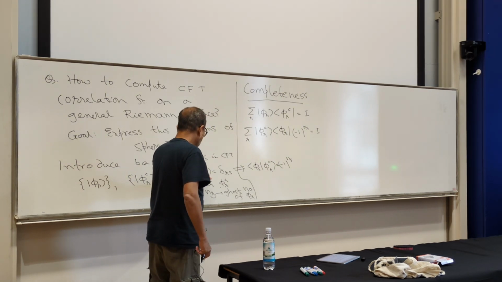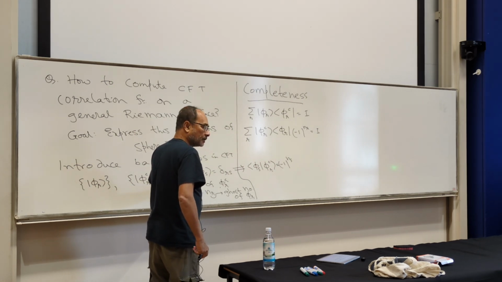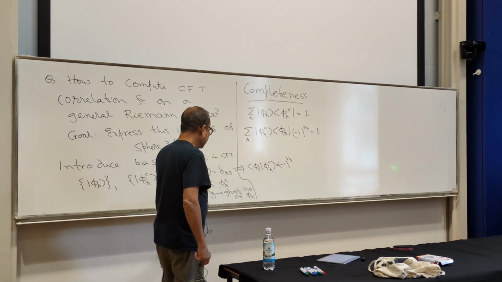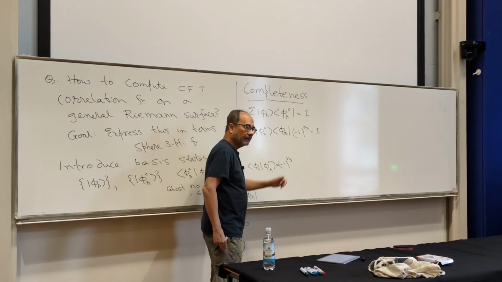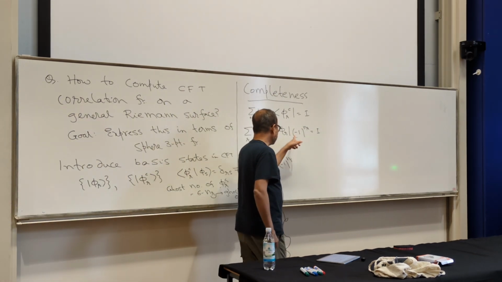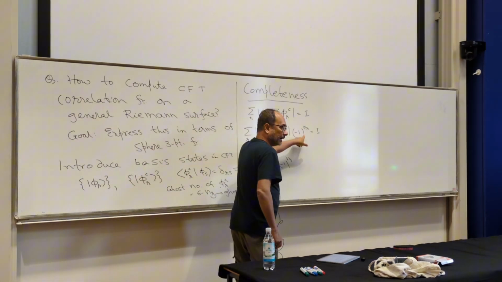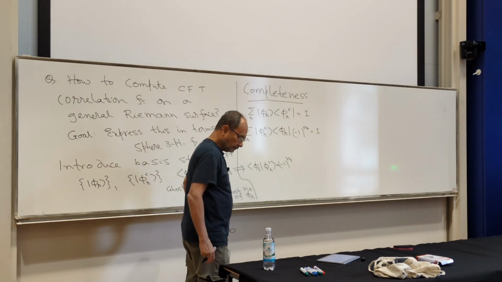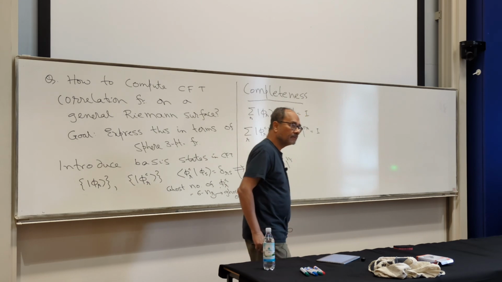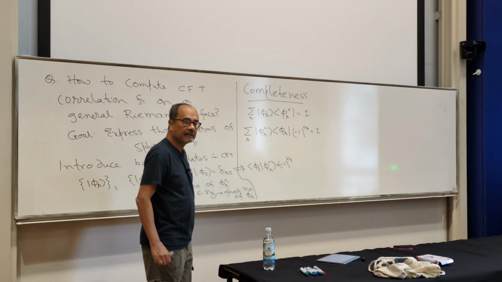Because the total Grassmann number adds up to 6, if this is Grassmann odd, this is also Grassmann odd. If this is Grassmann even, this is also Grassmann even. So the sign that you pick up is minus 1 to the power of the Grassmann number of phi_s. That's why you get this. So the completeness relation will also have a similar factor over here. Is this clear?